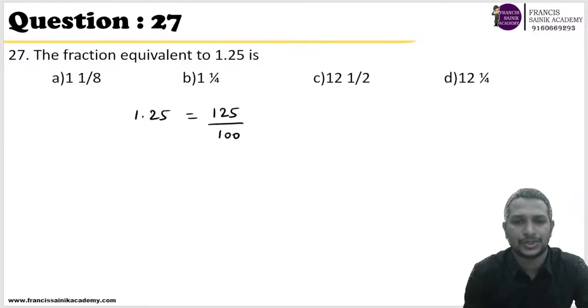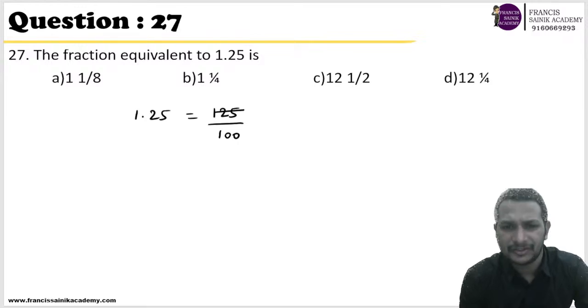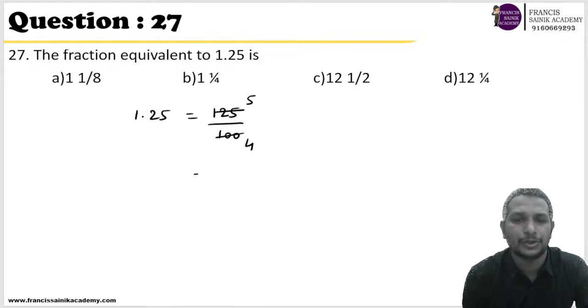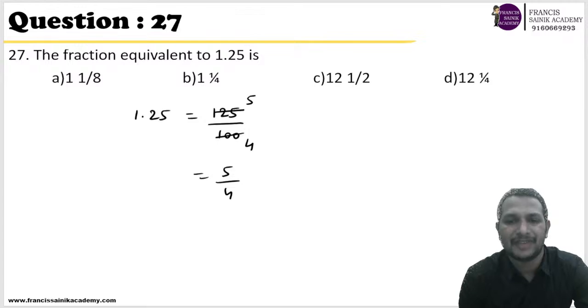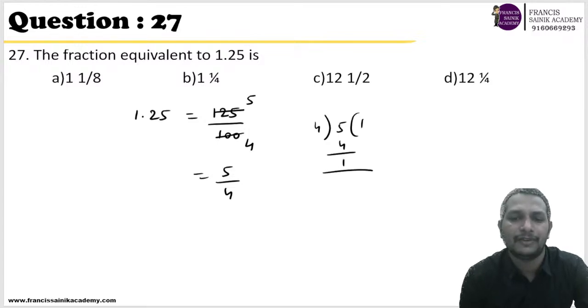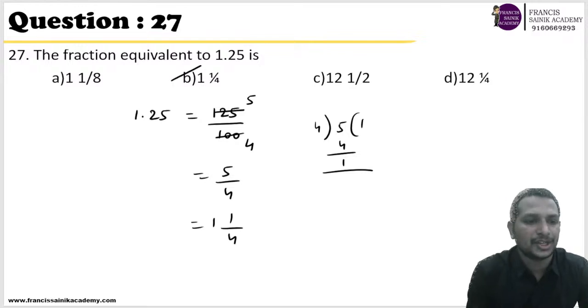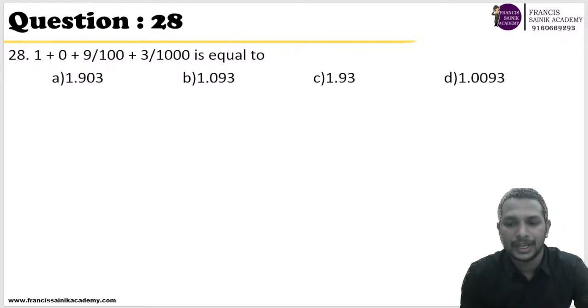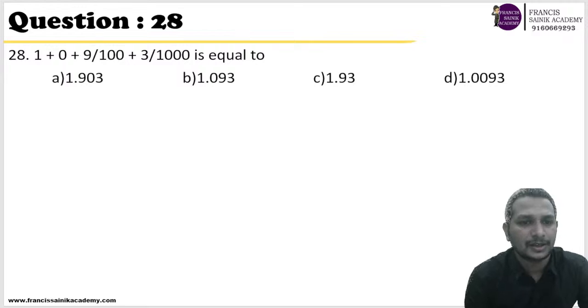That means 25 by 100. I can start with the small number, so that is also correct. The answer won't change. 25 by 100 becomes 5 by 4. Still, give the answer as a mixed fraction. Convert this into a mixed fraction, 1 and 1 by 4. Option B.